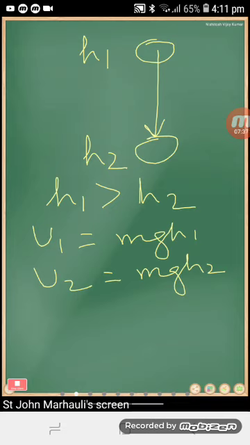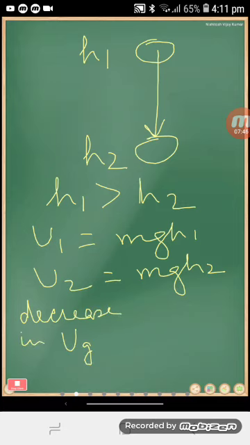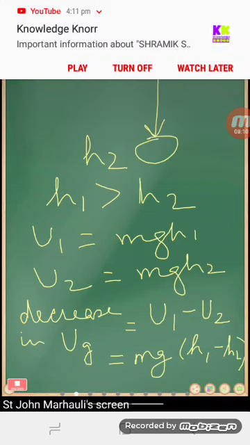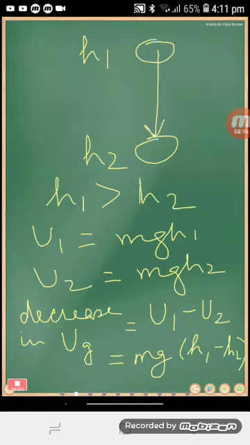This will cause a decrease in potential energy, which will be U1 − U2, that is mg(h1 − h2). So when a body is being thrown down, we observe that there is a decrease in the potential energy. If the body is thrown up, as it gains height, there is an increase in the potential energy.